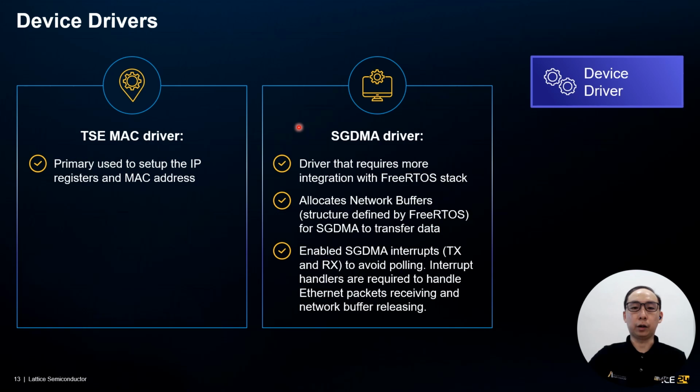The SGDMA driver requires more integration with the FreeRTOS stack because it needs to allocate the network buffers, whose structures are defined by the FreeRTOS stack, for the SGDMA to perform data transfer. The SGDMA interrupts for transmit and receive are enabled. This is to avoid polling. Interrupt handlers are required to handle the Ethernet packets being received as well as to release the network buffers.